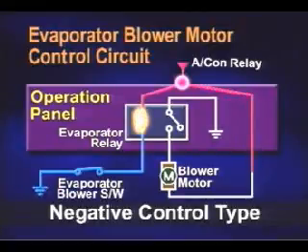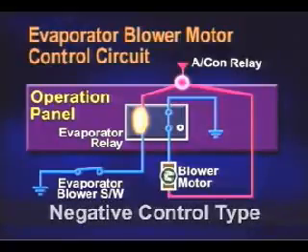At this moment, power supplied to the blower motor waits at the switch terminal of the evaporator relay too. The evaporator relay turns on, and the blower motor operates by grounding the standby current at the evaporator.